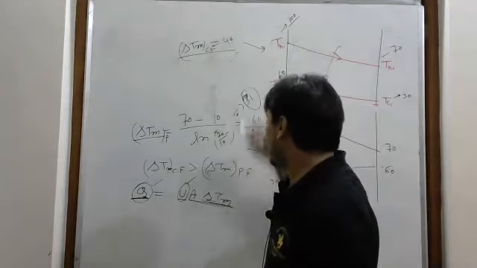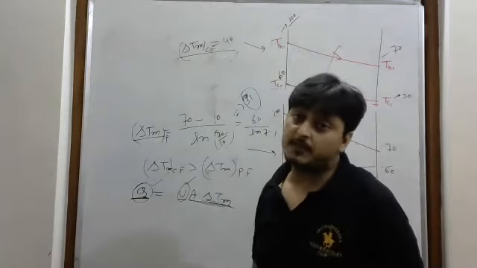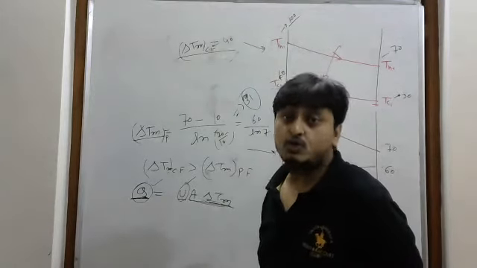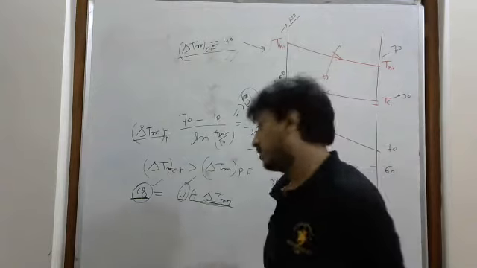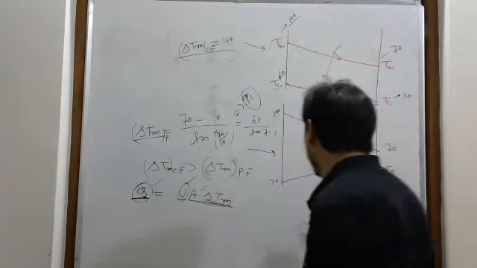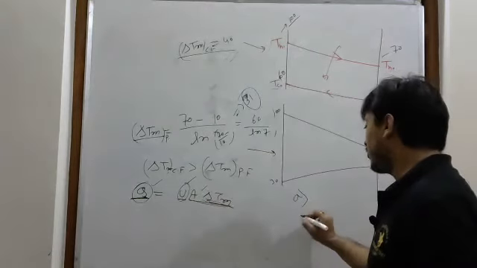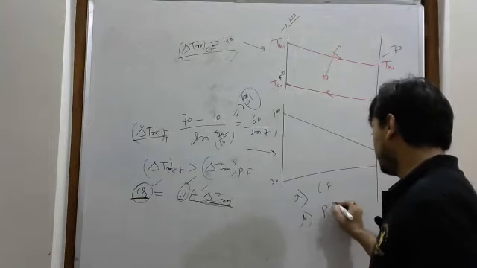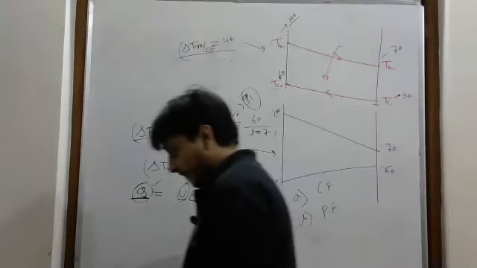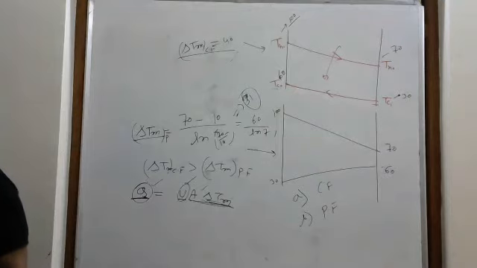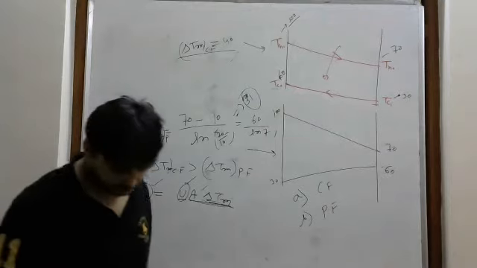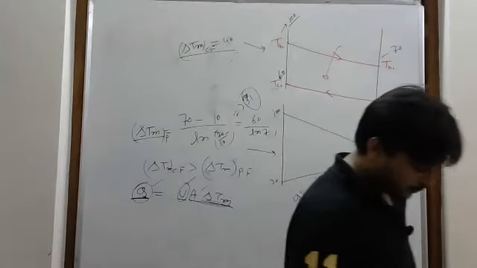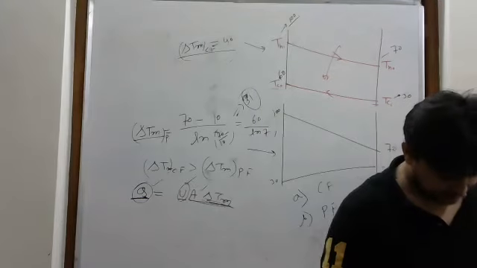Counter flow has more value as compared to parallel flow. So where is surface area required more? In counter flow or parallel flow? Tell me, A or B? Please reply.